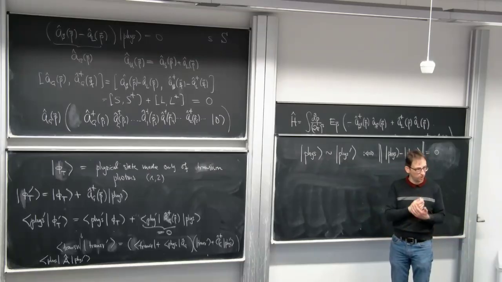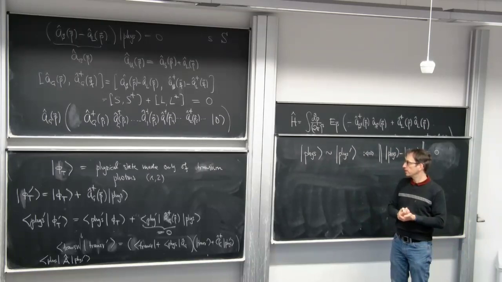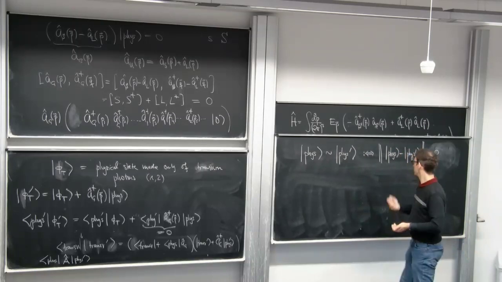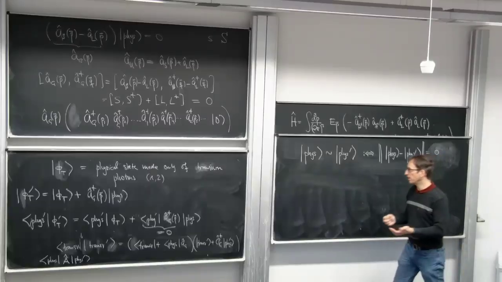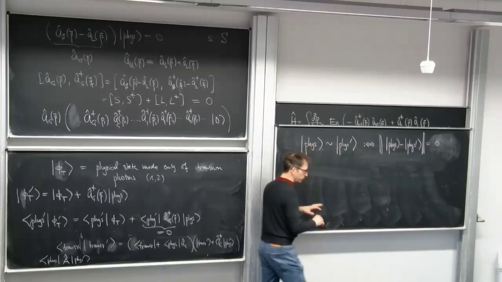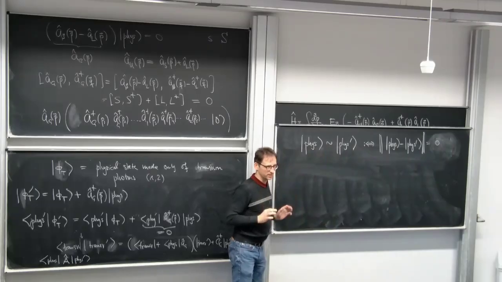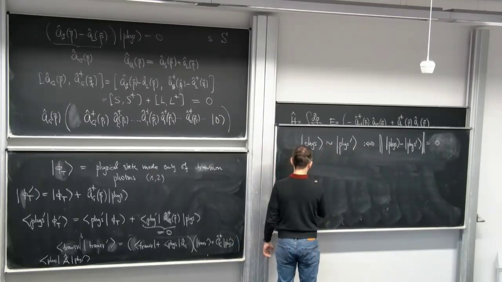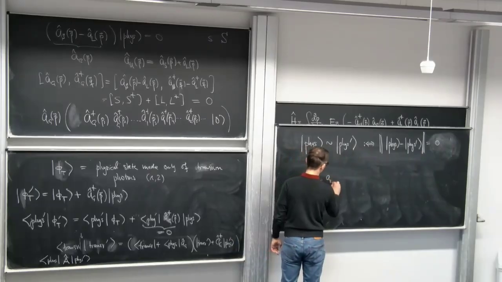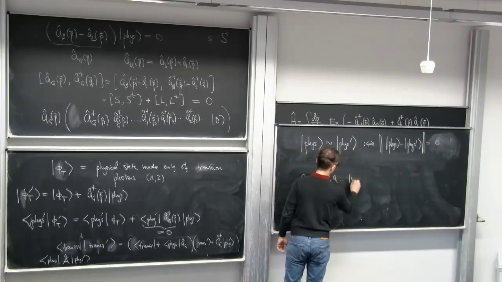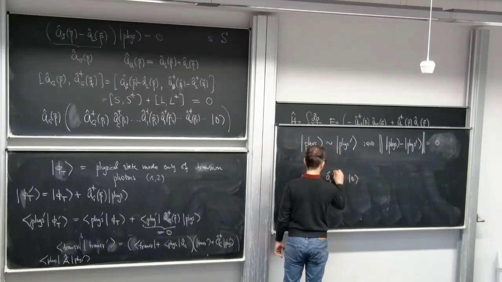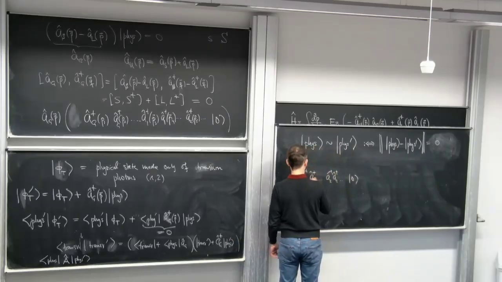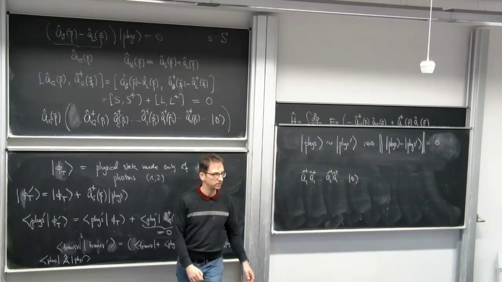And if you want, you may always pick the representative which doesn't have any G excitations in it. Therefore, you can say the really physical states are just the ones with 1 and 2 excitations, so you can restrict yourself to this.